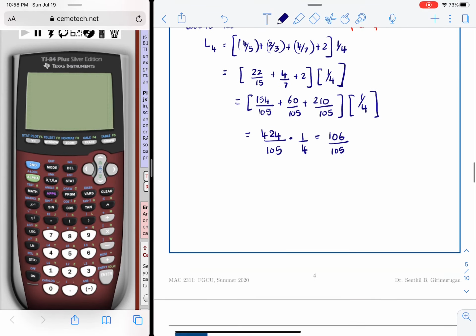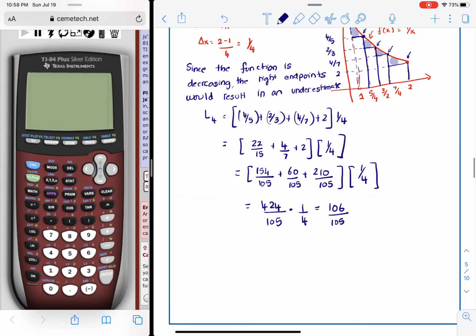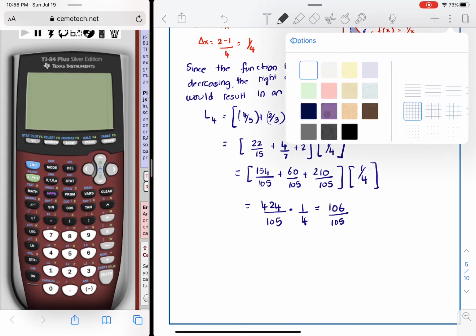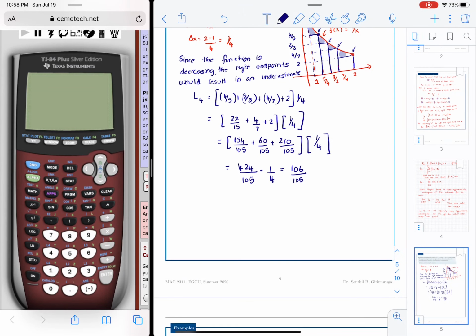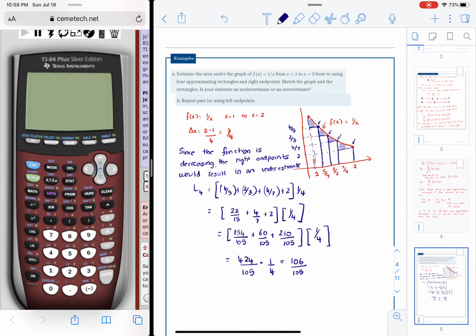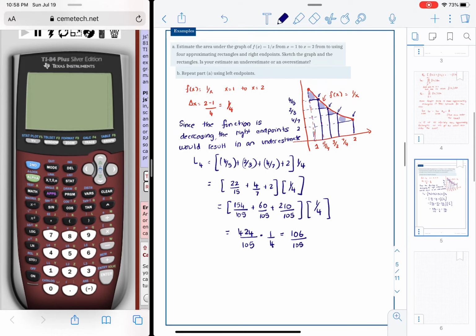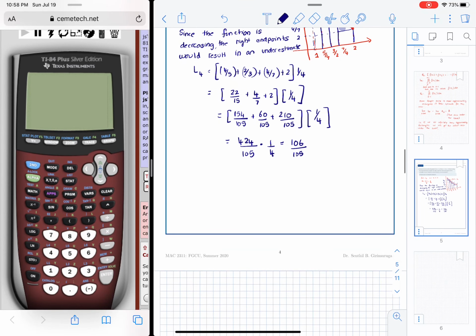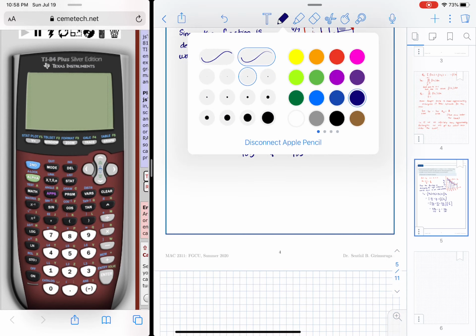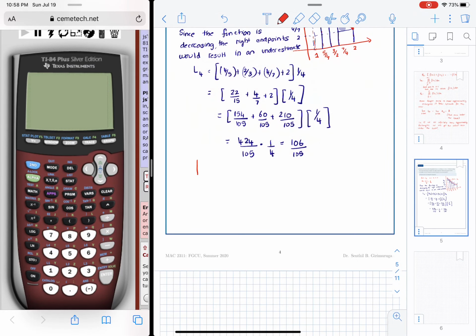Now we can move on to finding the right sum. So we'll add a page here. So the right sum needs a graph, a similar graph. We have a function of that form.